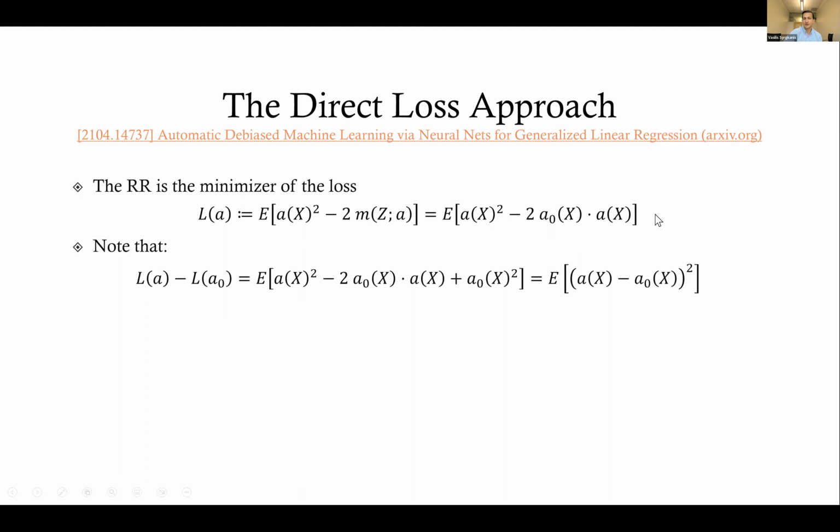You can add the constant term, which is A naught of x squared. And once you add that, you can complete the square and see that the loss is equivalent to the mean squared error with respect to A naught that you care about. So minimizing this loss is equivalent to minimizing the mean squared error that you care about.